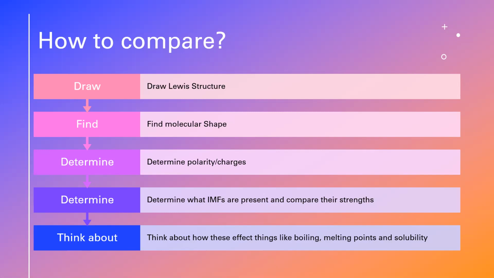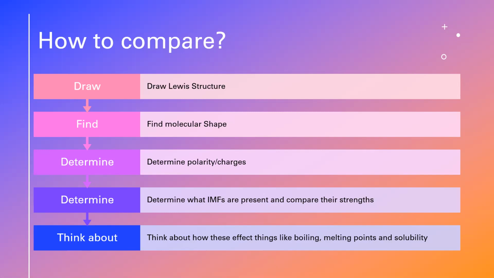And then it says, think about how these affect things like boiling point, melting point, and solubility. And so I guess this is kind of like a broken down version of the whole picture of what intermolecular forces are, what each one entails or needs to be stronger, or what makes it weaker, and how it affects melting and solubility.